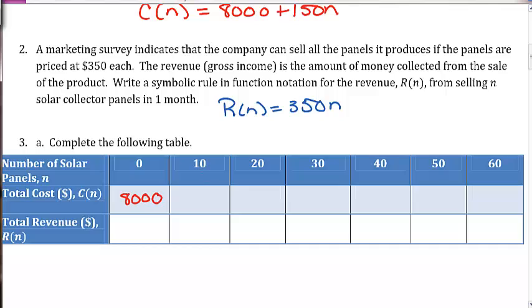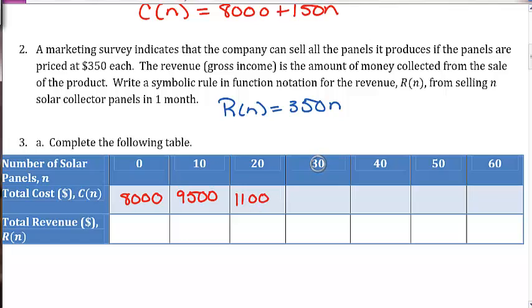And if I sell 10 of them, then I'll have the $8,000 plus 150 times n. And 150 times 10 is 1,500, so my costs are going to be 9,500. And if I sell 20 of them, 20 times 150 is 3,000, so my costs will be 11,000.